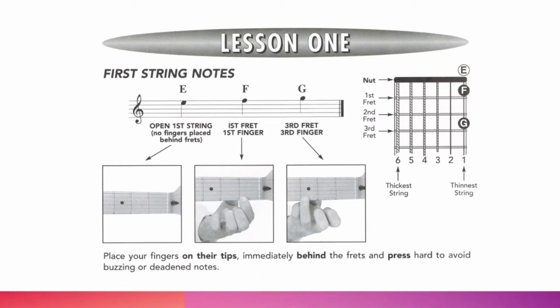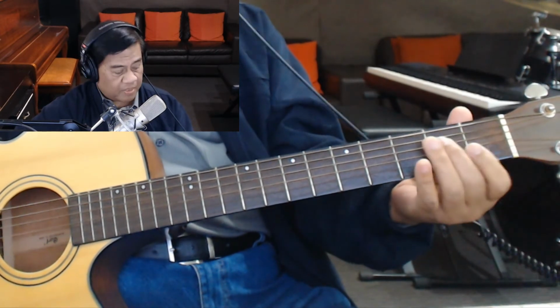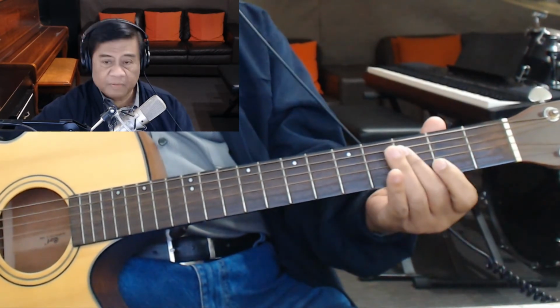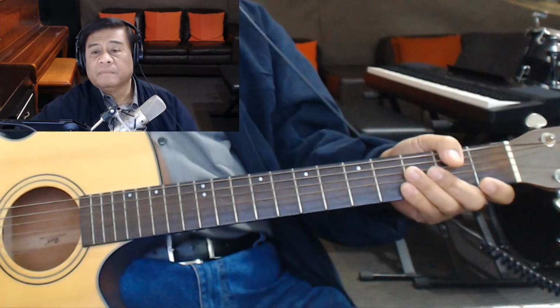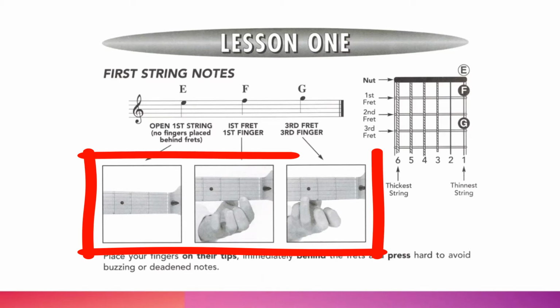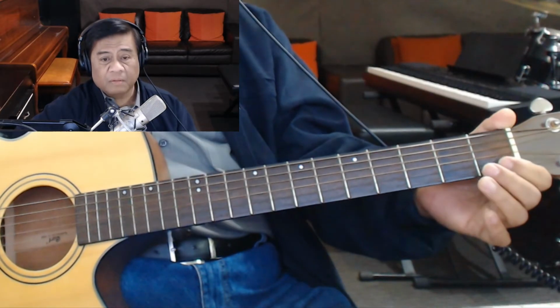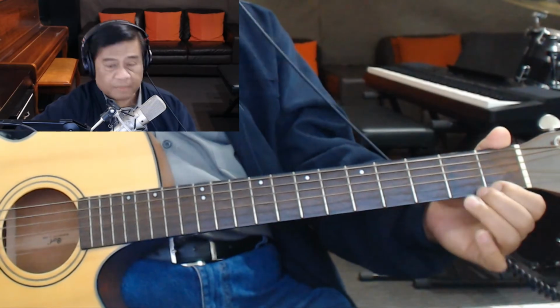This is the nut of the guitar, which is this one here. And then this is the 1st fret, the 2nd fret, and then the 3rd fret right there. The 3rd diagram is the 3 boxes right here. The first one is indicating the open string. That means just the open string, there is no finger used here. On the 2nd note, which is an F, you use the 1st finger on the 1st string on the 1st fret.